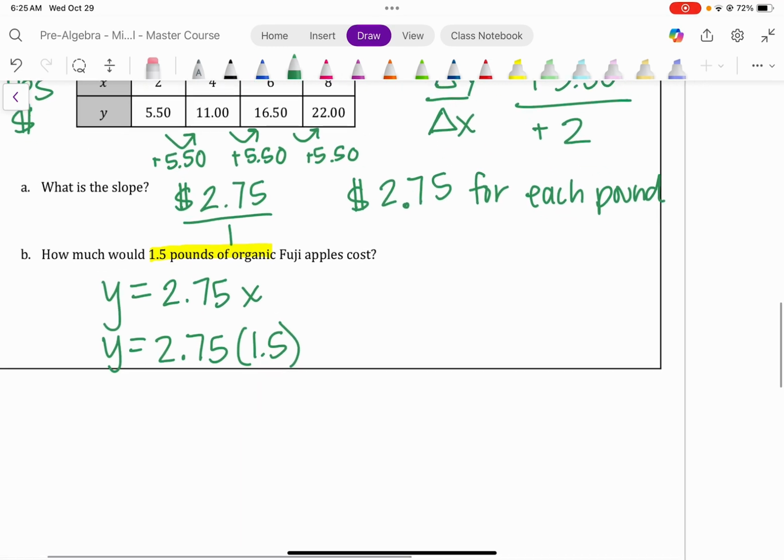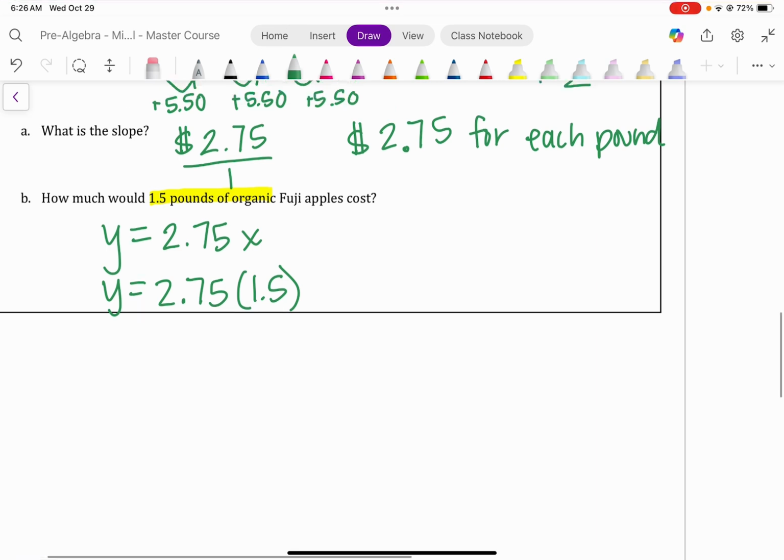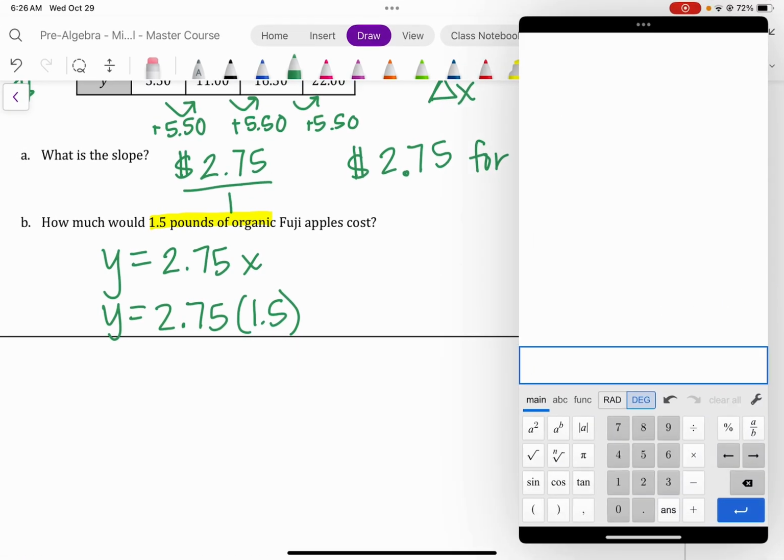We're going to use our calculator for this as well. $2.75 times 1.5 gives me a value of 4.125.